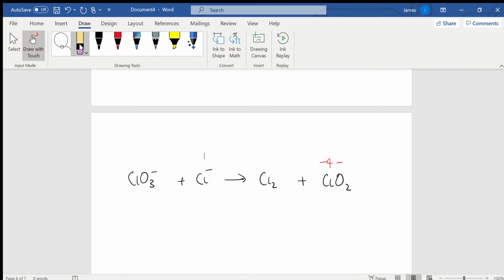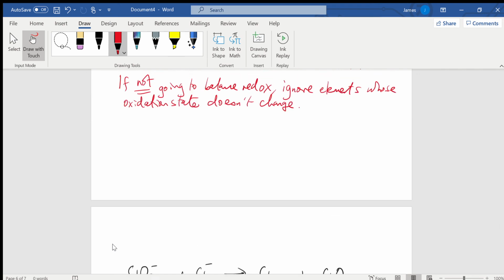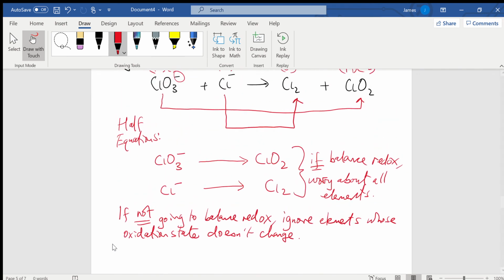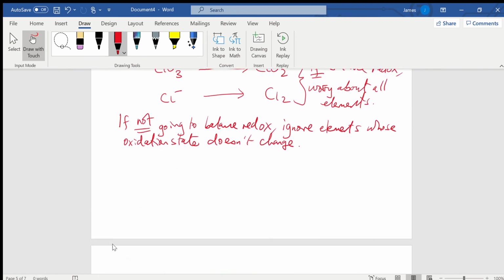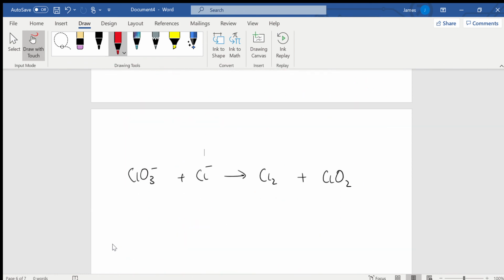Okay, not too bad. So we'll put our oxidation states back in. Can't remember what they were now. We had +5, -2, -1, 0, +4, -2. Alright, that's what we had.